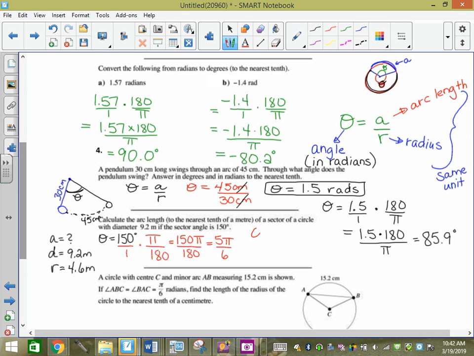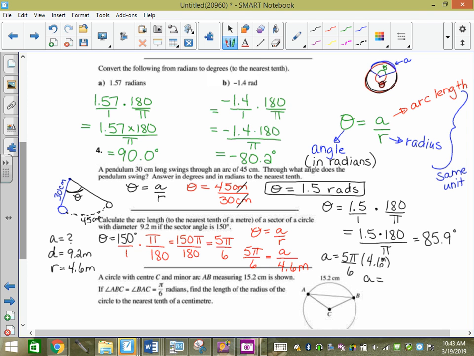So theta equals A over R. Theta is 5 pi over 6 equals A over 4.6 meters. So what do I do? How do I get A by itself? Multiply by 4.6. So A equals 5 pi over 6 times 4.6 meters.